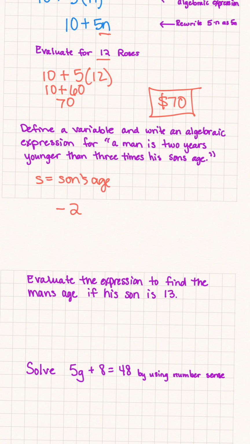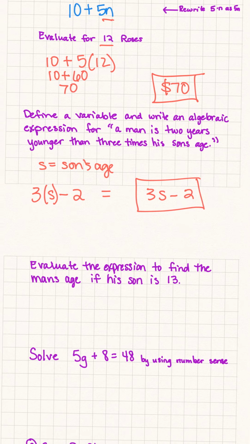Then 3 times the age of his son. So then we can rewrite that to put it together as 3s minus 2.